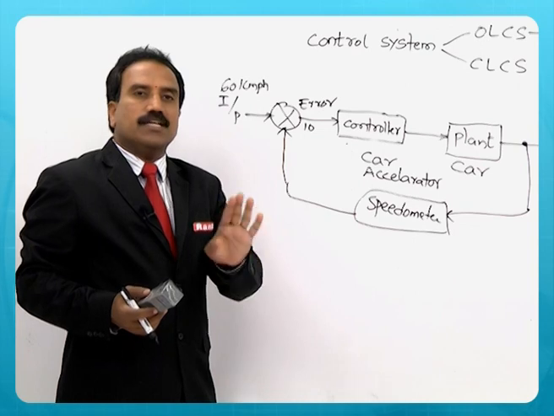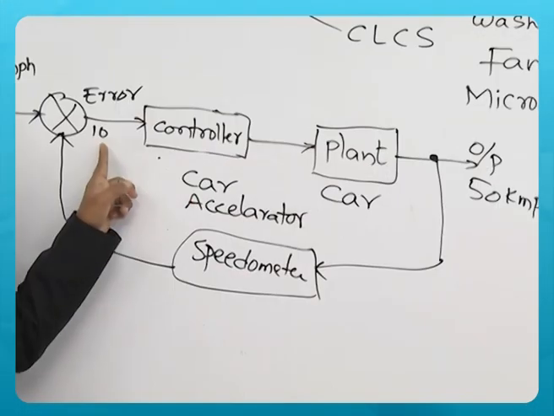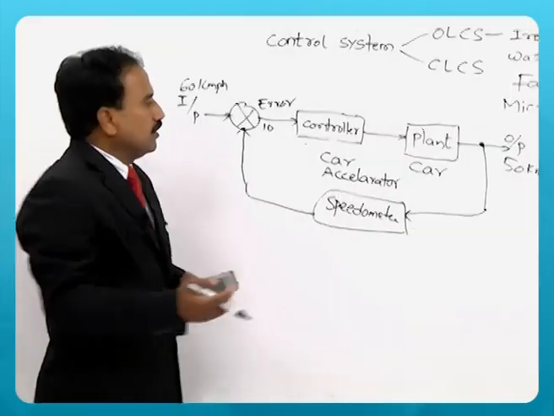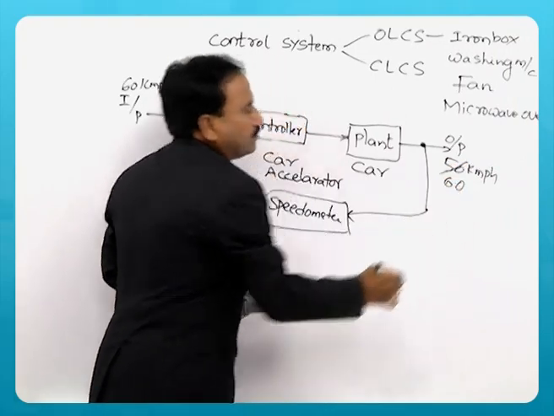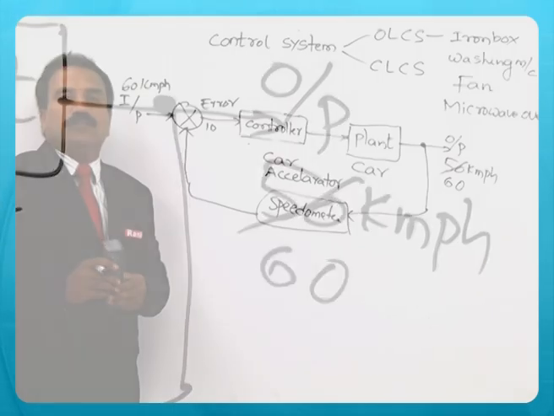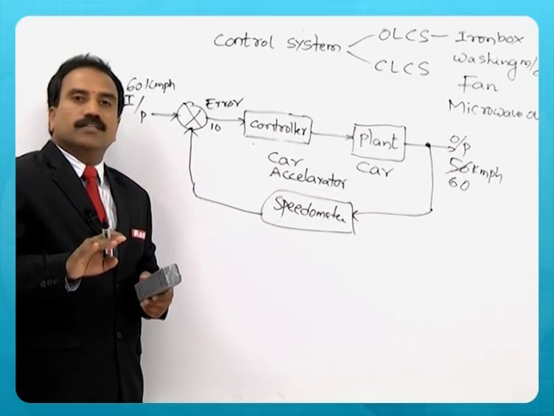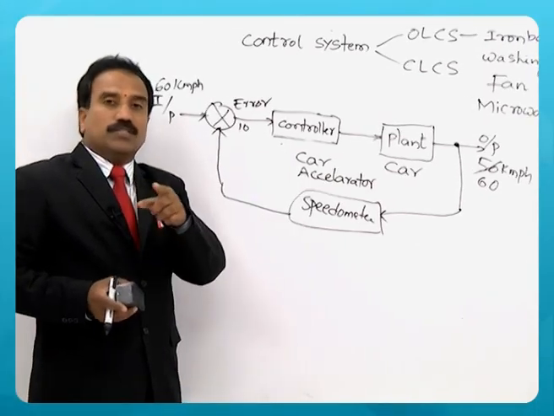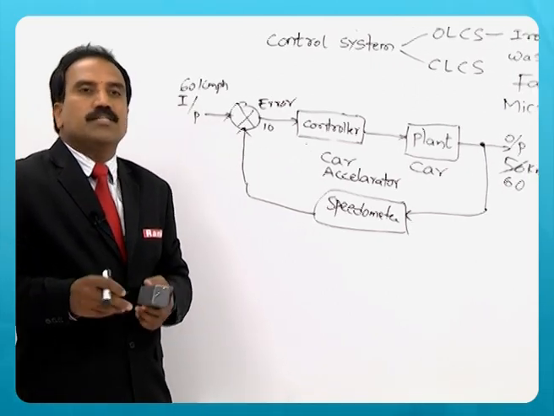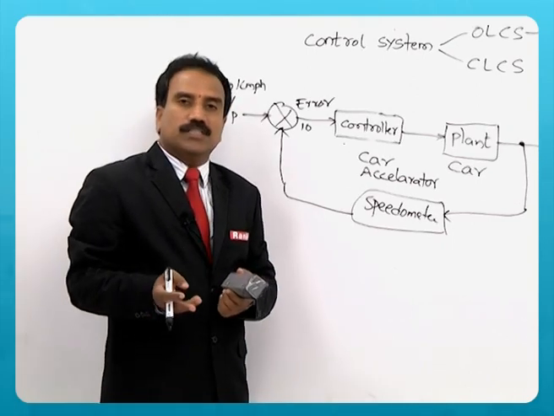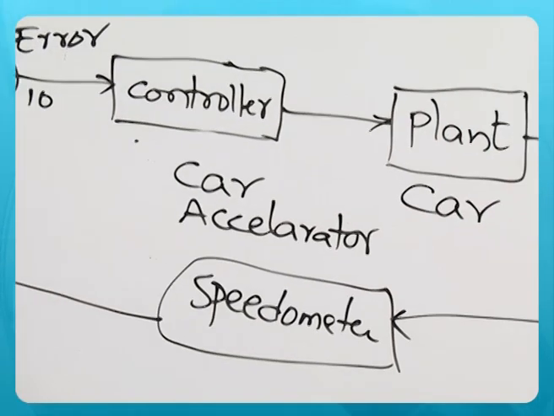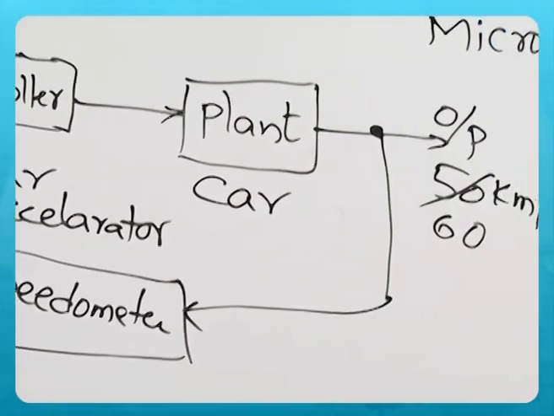So, I can press the accelerator to make this error minimum, that is 0, so that the car goes at 60 kilometers per hour. Once it is achieved, the action of the control system stops. You need not press the accelerator further because you have already reached 60 kilometers per hour, as indicated by the speedometer. So, a car with a speedometer is a closed loop control system. Without a speedometer, it is an open loop control system. This way, we can give any number of examples of open loop and closed loop control systems.